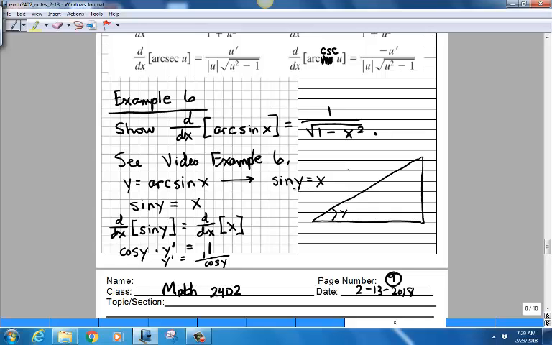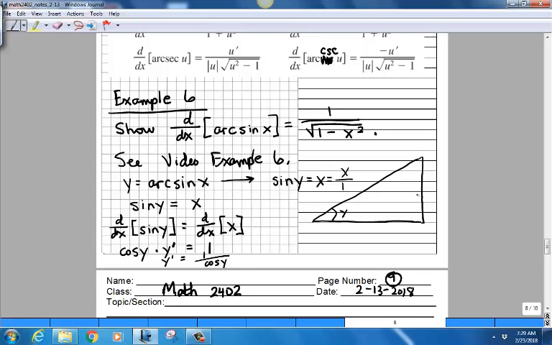Since we know that sine of y is equal to x, we can think of y as being an angle in a right triangle. I've drawn that representative right triangle here, and I have inserted y as one of the angles. Since sine of y is equal to x, and sine in a right triangle is the opposite of an angle over the hypotenuse, we can write x as x over 1.